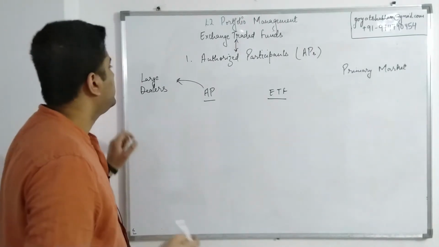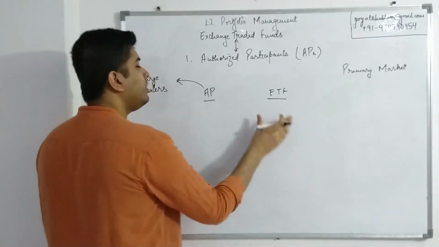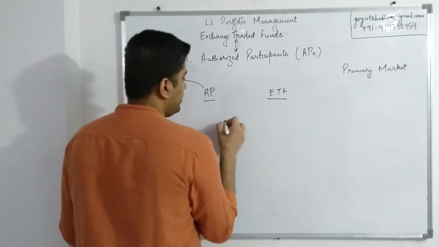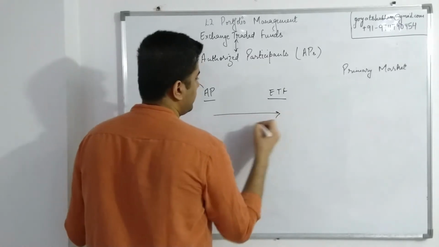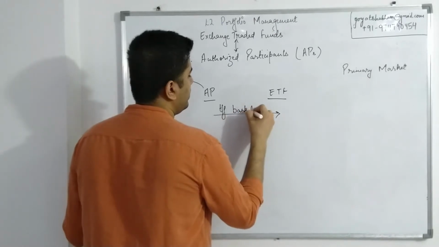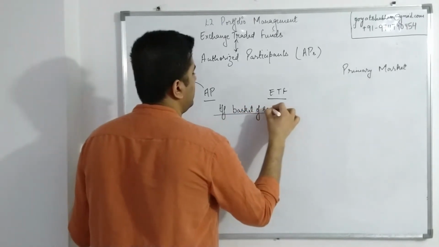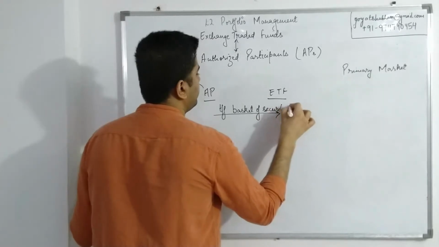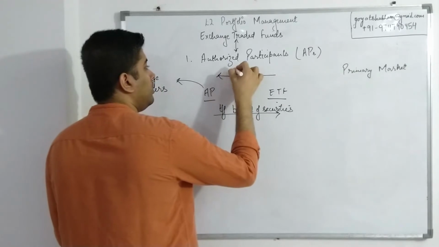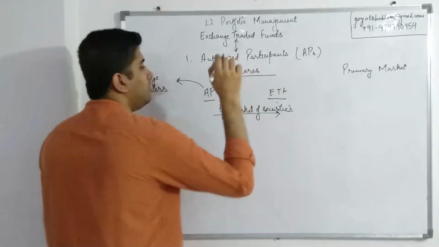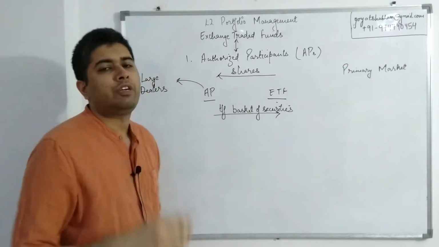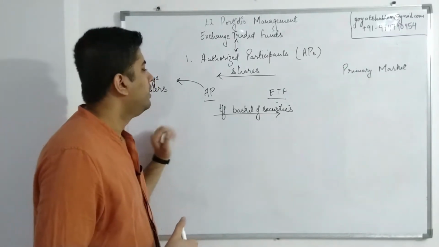Now in order to create the ETF for the first time, to create the shares of ETF, AP would transfer a basket of securities. And in return, ETF will provide AP with the shares of ETF, shares or units, whichever term you're more familiar with.